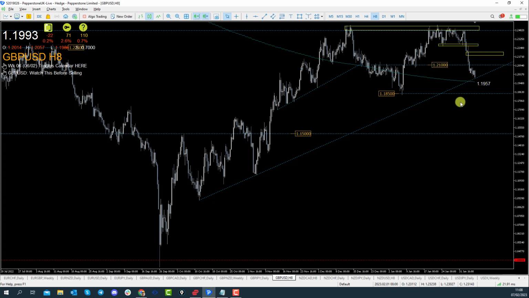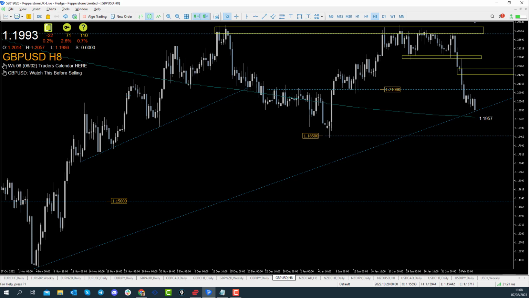But what I quite like is the fact that we've got this trend line support, we've got the 1.2 handle, and then we've got the 200 moving average at 1.1957.